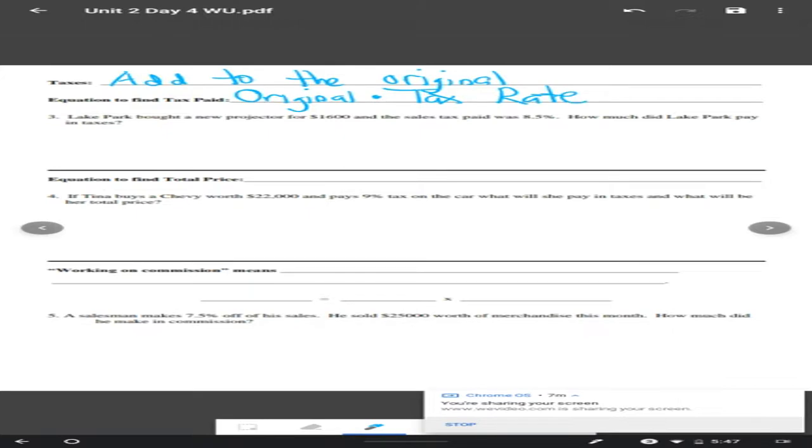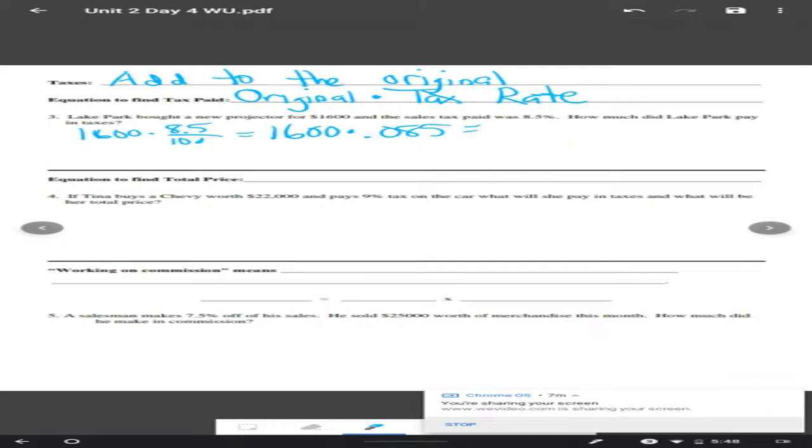So this first example says Lake Park bought a new projector for $1,600 and the sales tax was 8.5%. So if we multiply those using the same exact equation that we used for sales, we do 1,600 times 8.5 divided by 100. If we take 8.5 divided by 100 in the calculator, we get 0.085, which makes sense because you're supposed to move the decimal 2 to the left.